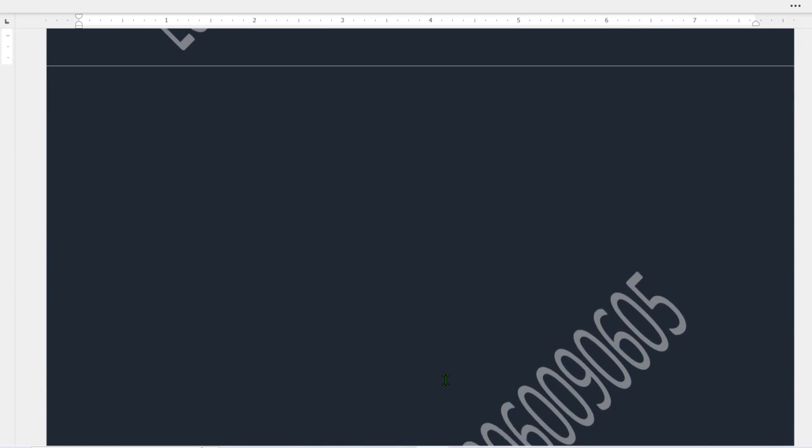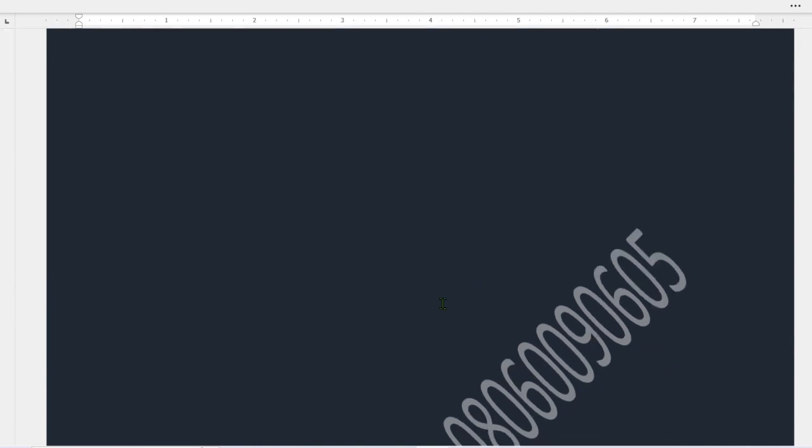So now let's express ratio in the simplest form. Make sure you're writing.